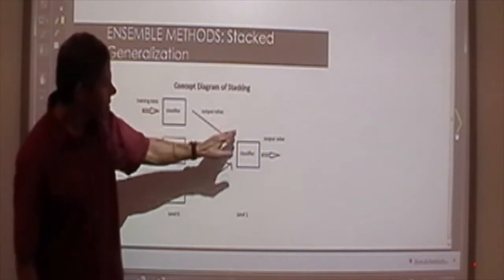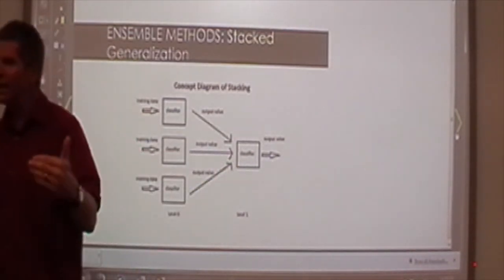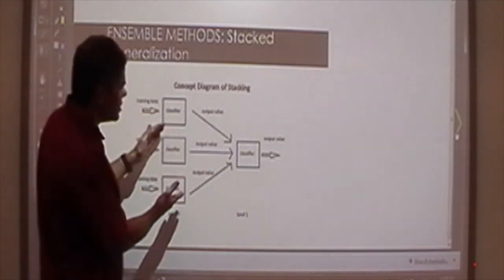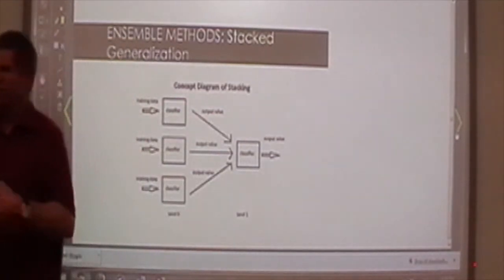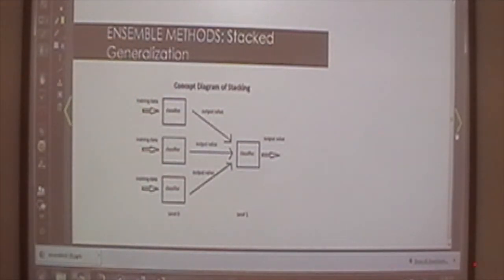We now are building a level 1 classifier using these output values as training and testing data for our new level 1. So basically, you're taking your data, you're adding classifiers to it, and getting a different output, then putting all that data into another classifier and getting another output value. Right. Okay. So you're refining your data, basically. You're right, exactly.